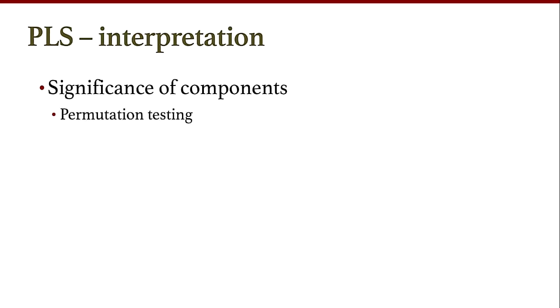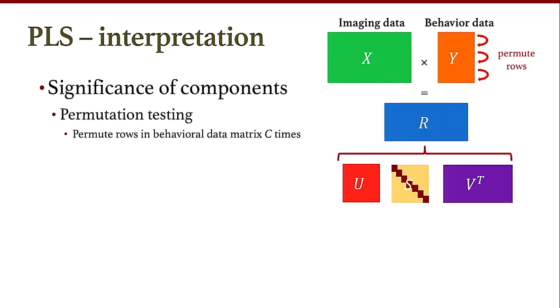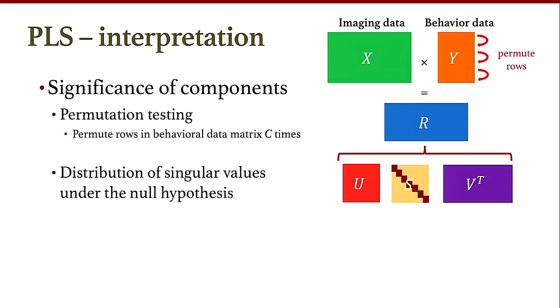So for the significance of the components, as I said before, you do permutation testing. Usually what you do is permute the rows of your behavioral data matrix, compute the cross-covariance matrix, which you decompose, and then keep the singular values in each iteration in order to build a distribution of the singular values under the null hypothesis.